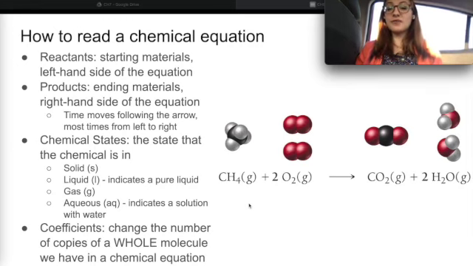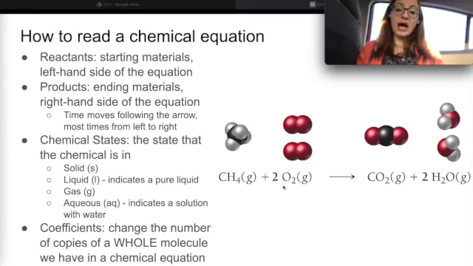And then the other really interesting thing that we see here that we have not seen before are these numbers out in front. We've got a number out in front of our H2O and a number out in front of our O2. What's happening here? Well, coefficients actually change the entire number of copies you have of a molecule.